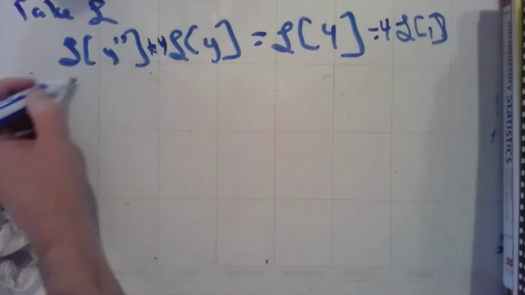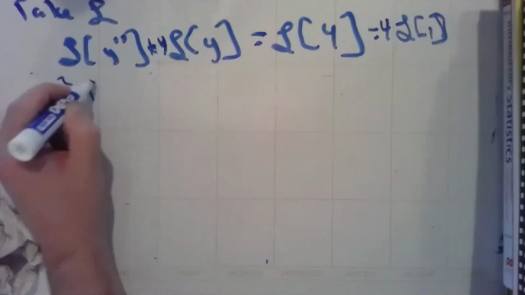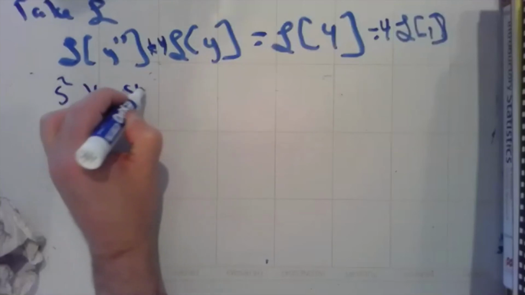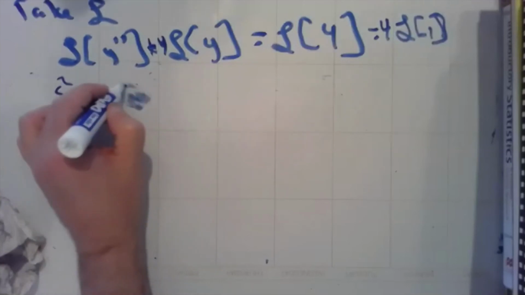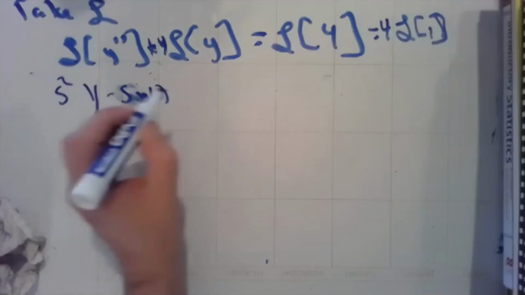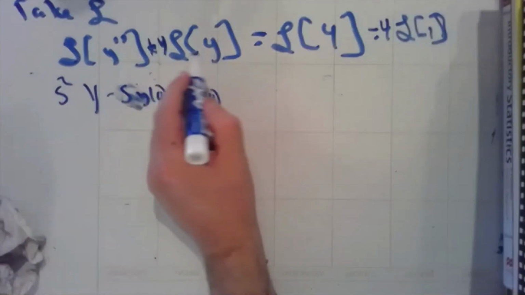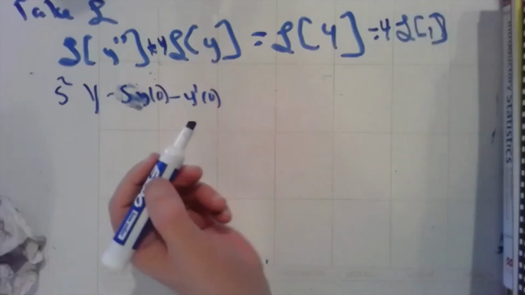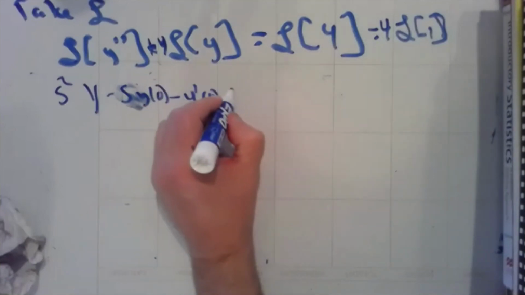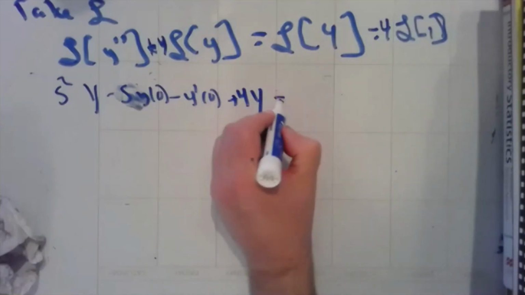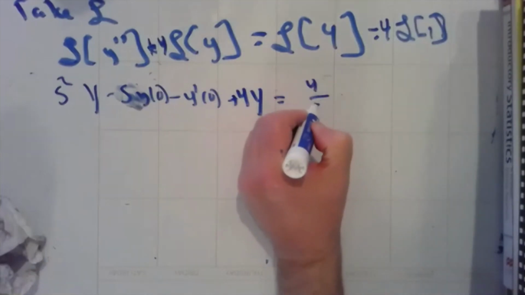The Laplace transform of y double prime is s squared capital Y minus s times y of 0 minus y prime of 0. That part was right. That's just the Laplace transform of y, which is just capital Y. So plus 4 capital Y equals 4 over s.